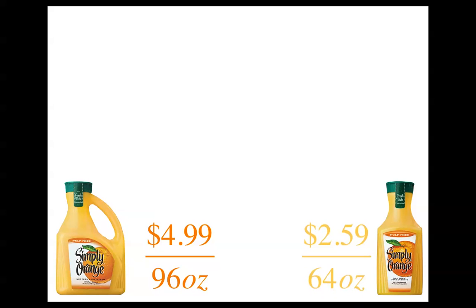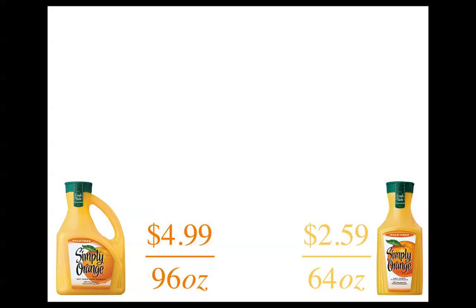The other day, I was at the store trying to buy some orange juice, but I was a little confused because you could buy a big, old, large thingy of orange juice for $4.99 for 96 ounces, or you could get the regular size one for $2.59 for 64 ounces.